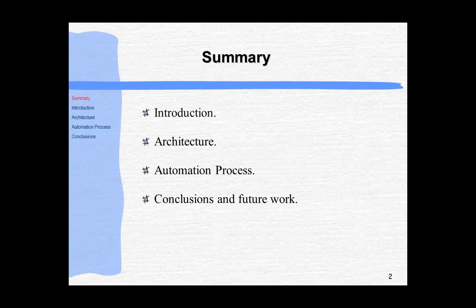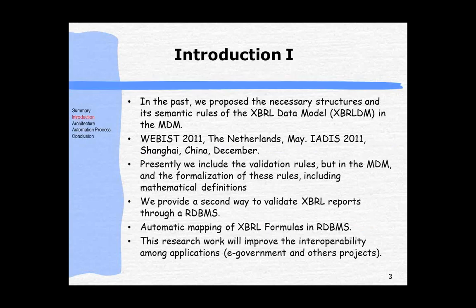In the past, Elena Castro and I proposed the necessary structure and the semantic rules of the XBRL data model, but in this case, in the multidimensional data model. We published two papers, at WEBIST 2011 in the Netherlands in May, and at IADIS 2011 in Shanghai, in China, last December.